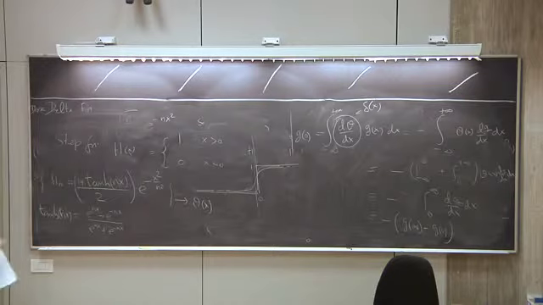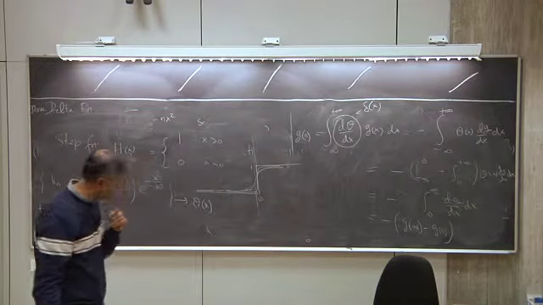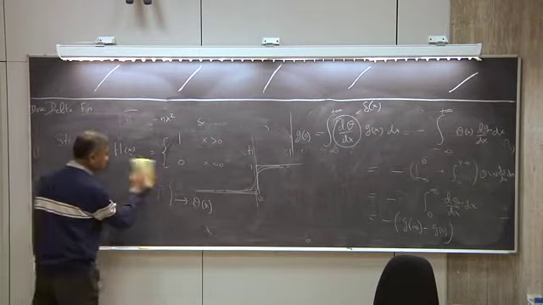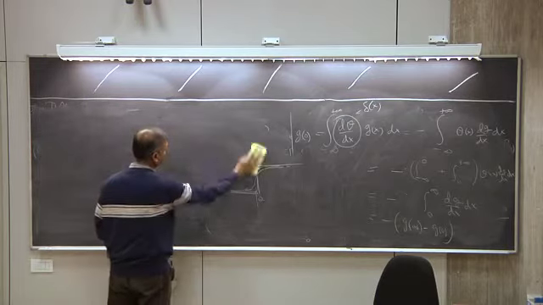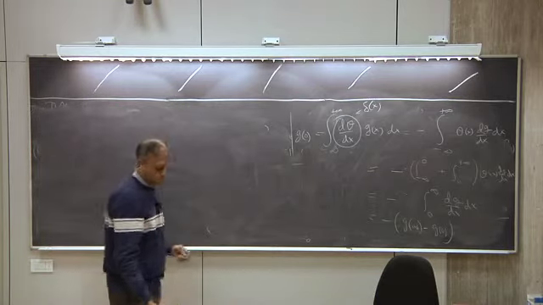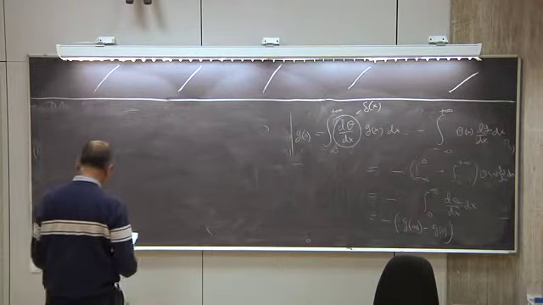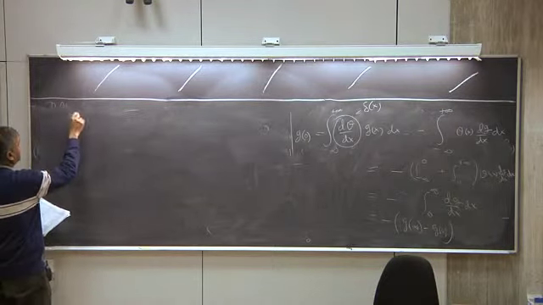Now I think I've almost finished everything here. The last point is the Fourier transform. So we want to find the Fourier transform of the delta function.